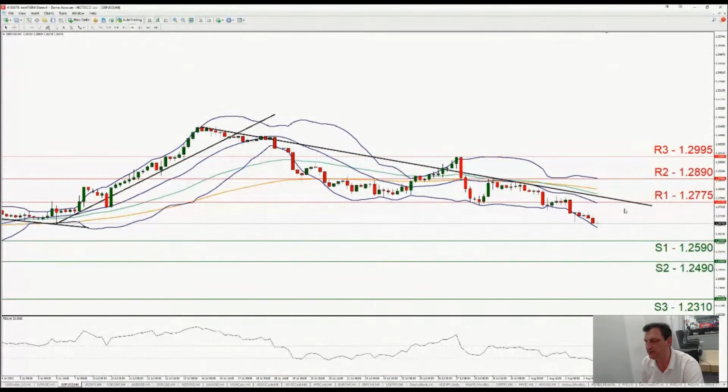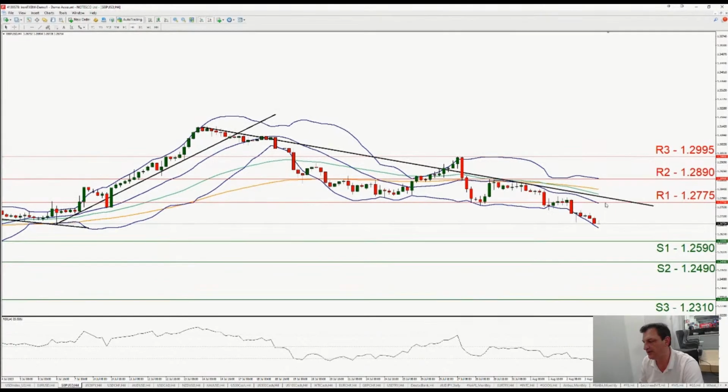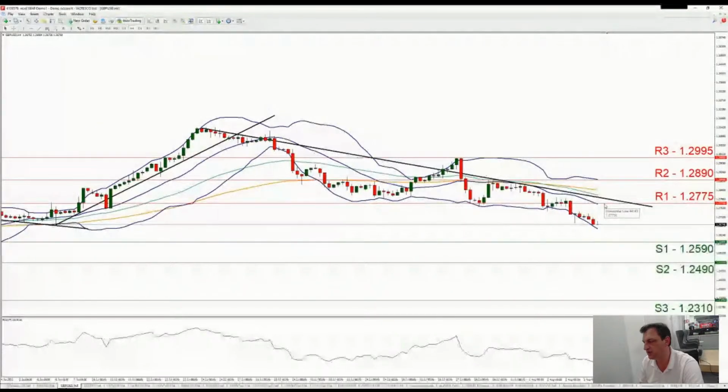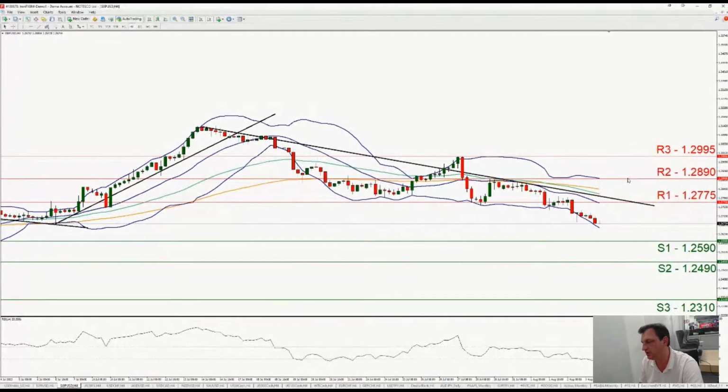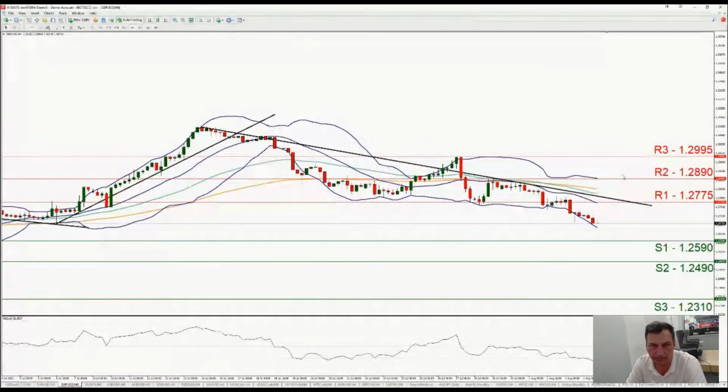Now, in case BOE actually takes the markets by surprise, or if you prefer, is able to provide the necessary support to the pound to turn this bearish movement into a bullish movement, then I would require the pair for a bullish outlook to rise, break the 1.2775 resistance line, also break the downward trend line, signaling that the upward motion has been interrupted, and start aiming for the 1.2890.